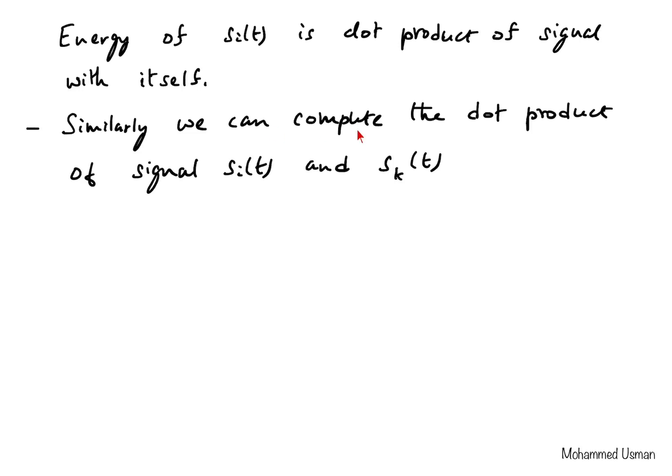As I said, we can compute the dot product of two signals, Si of t and Sk of t, just as we computed the dot product of Si of t with itself, which gave us the energy of the signal.